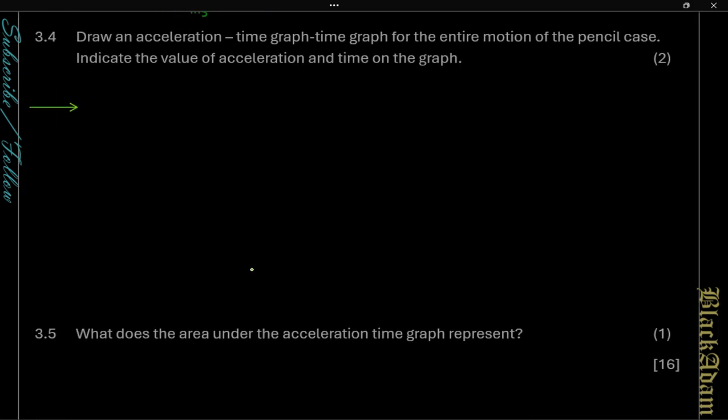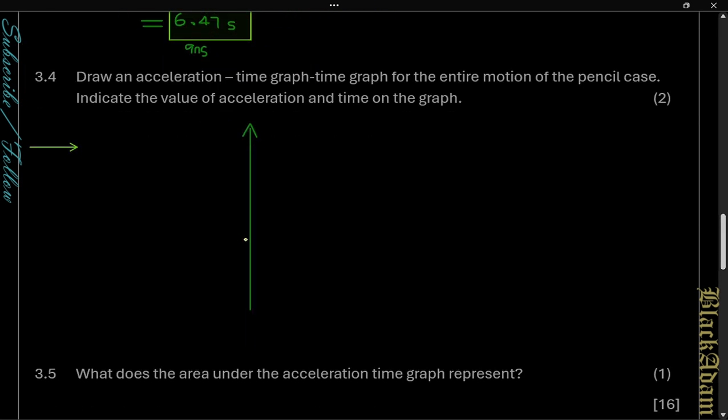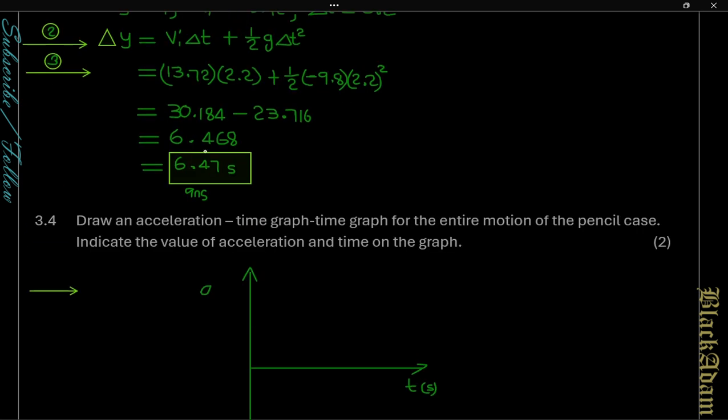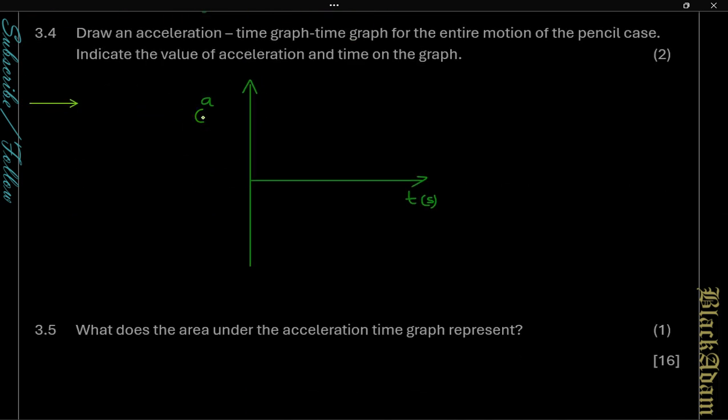7.4, let's say they want the graph for the acceleration. So the graph for acceleration will look like this. The vertical part is acceleration and the horizontal part is time. That's acceleration there. The unit is meters per second squared. And then we have our point 0.